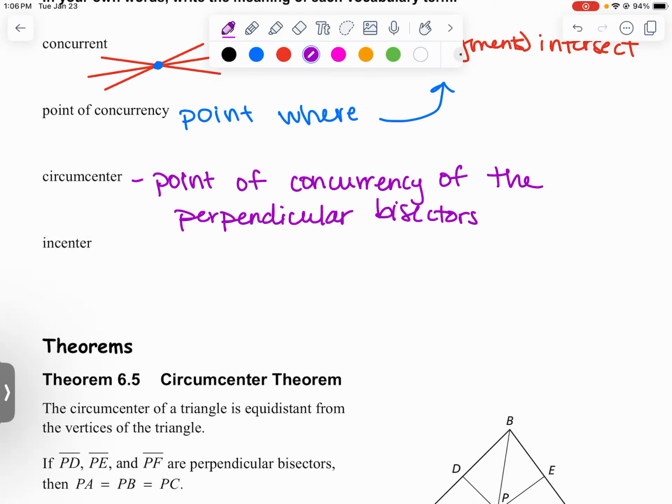So if you draw all of the perpendicular bisectors in a triangle, they're going to meet up at the circumcenter. It's true. Okay.